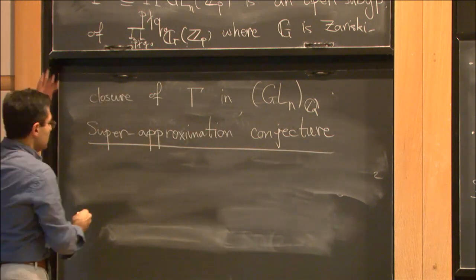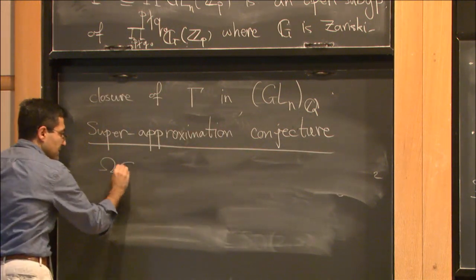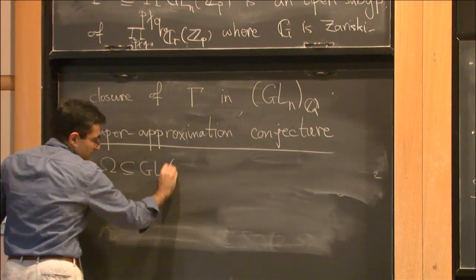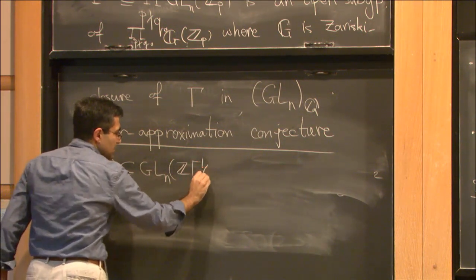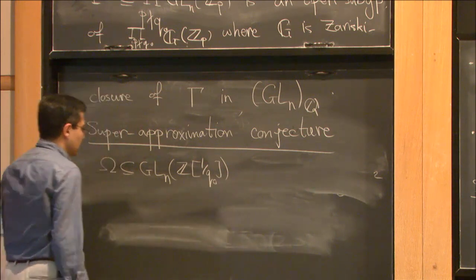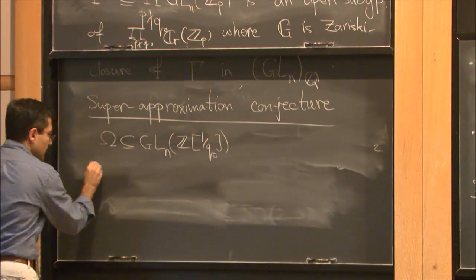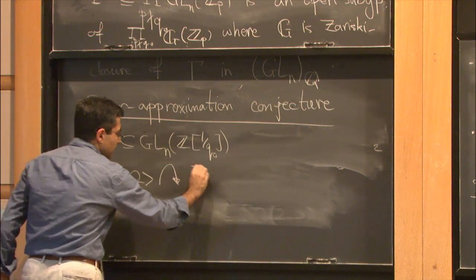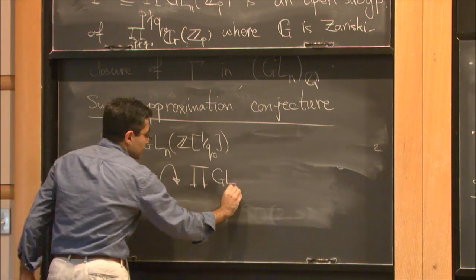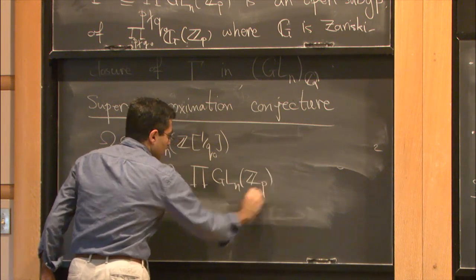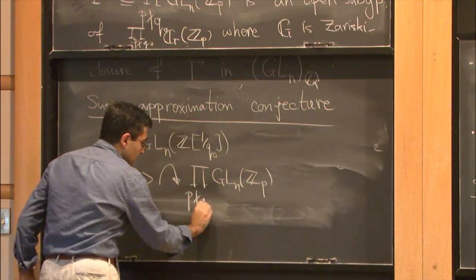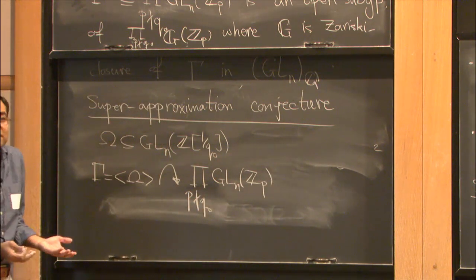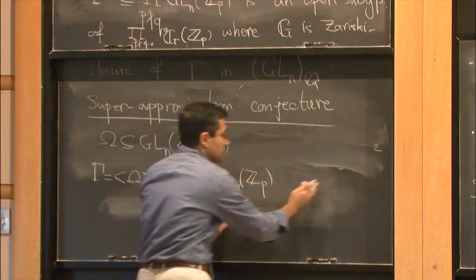It says, again, you start with a finite symmetric subset of GL_N(Q). And because it's finite, it's essentially inside this. And then you look at the group generated by this. You look at the action of this on the product of GL_N(Z_p)s. Now you ask yourself, what is the necessary and sufficient condition for this to have a spectral gap?